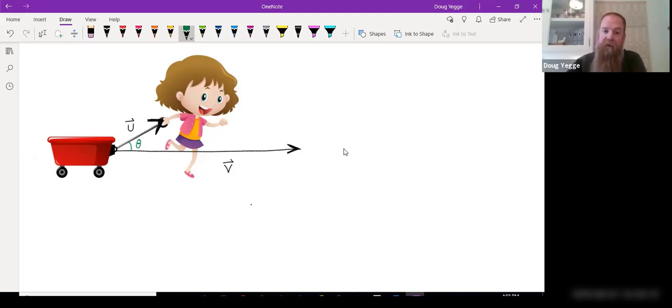Because some of it is going in the direction of motion, but some of it is not. Some of it is going upwards. How much of that diagonal force is being applied in the direction of motion? We refer to this as the effective force.